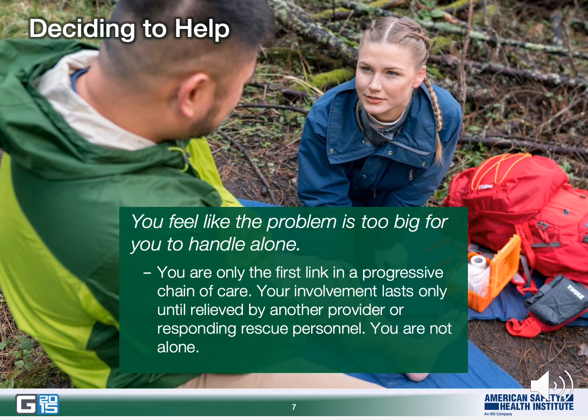You might feel like the problem's too big for you to handle alone. You're only the first link in a progressive chain of care, so there will be other help coming. Your involvement lasts only until relieved by another provider or responding rescue personnel. You're not alone.